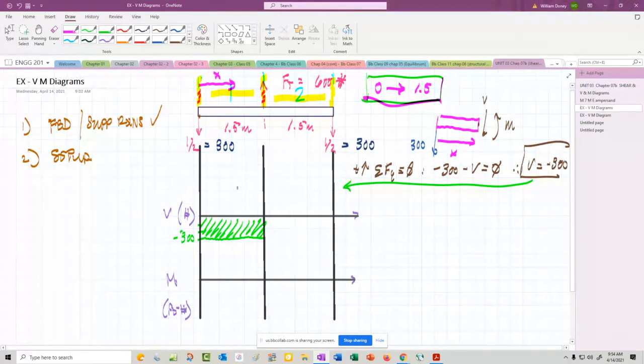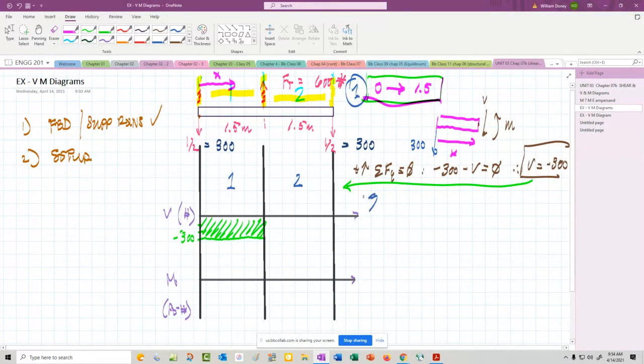All right, that's section 1 again. Let's look at what's happening at the moment. So counterclockwise, sum the moments about the cut. That's very important. That will be 300 times X plus M equals 0.